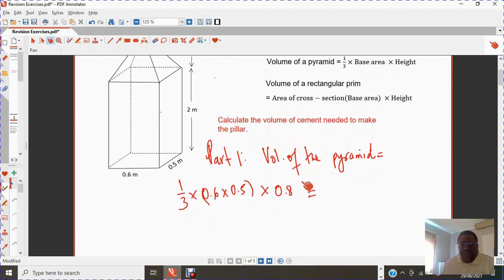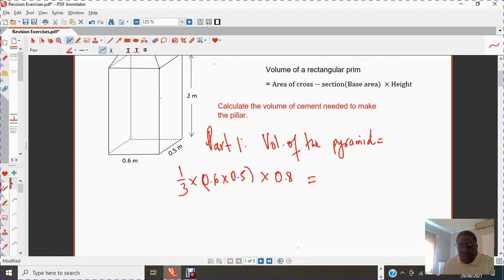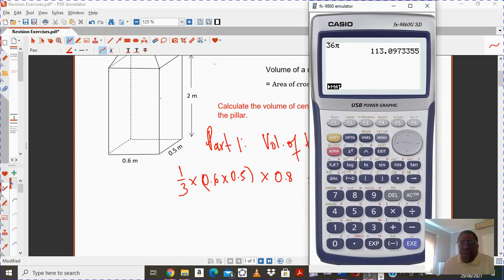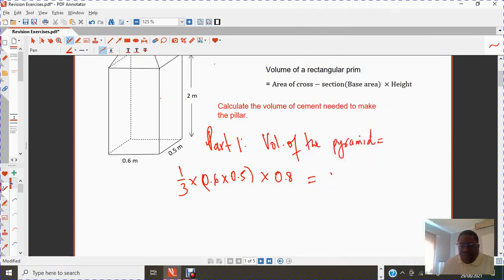So you can grab your calculator and work that out quickly. It's 1/3 times 0.6 times 0.5 times 0.8. So it's about 0.08 cubic meters. All right, so that's the first part.